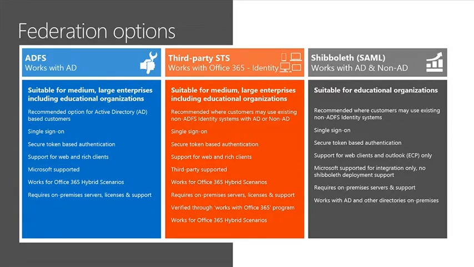So the second way that we talk about doing federation is with a third-party security token service. And we have a program called Works with Office 365 Identity, which I run out of Redmond. And in that program, we qualify third-party identity providers.